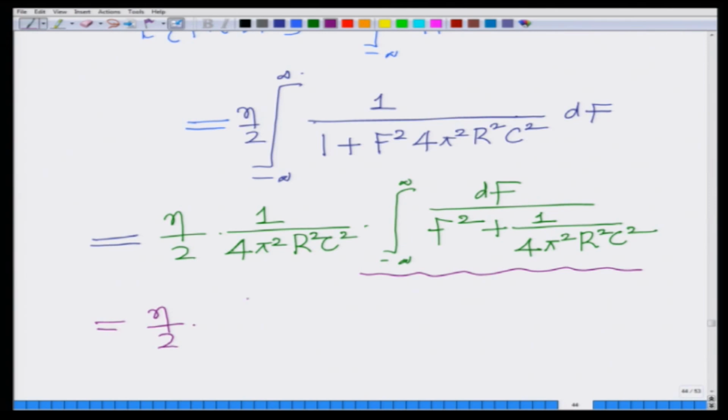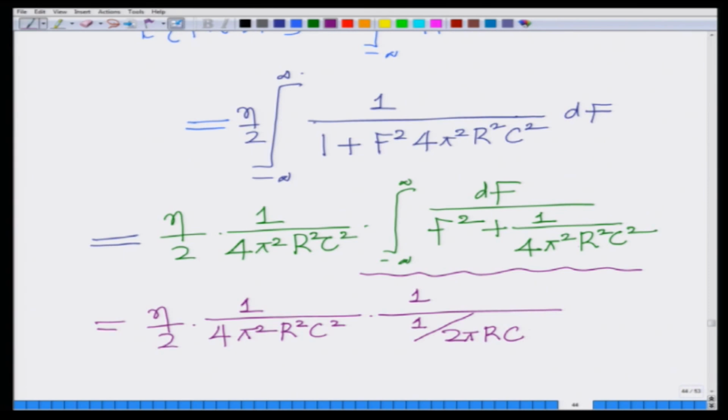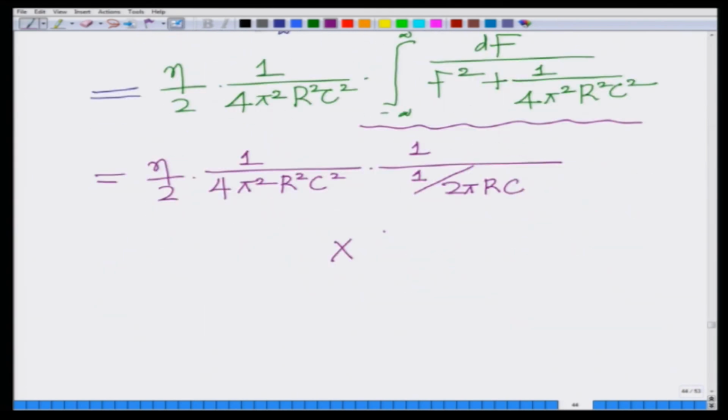In fact, it is eta over 2 times 1 over 4 pi square R square C square times 1 over the square root of this, that is 2 pi R C, times tan inverse of f divided by 1 over 2 pi R C, between the limits minus infinity to infinity.